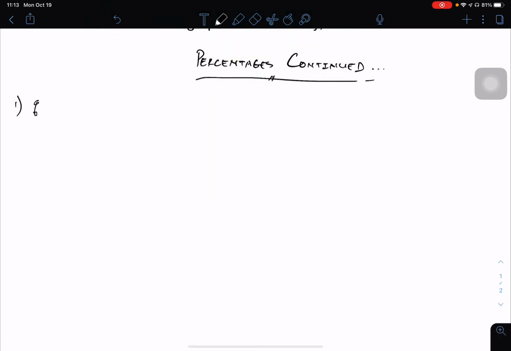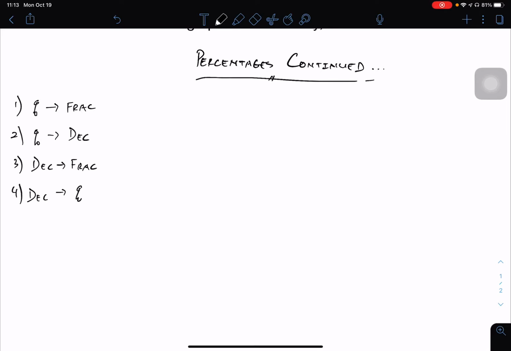You have percentage to fraction, percentage to decimal, decimal to fraction, decimal to percentage. So you can see it's a combination of all 3 of the things.